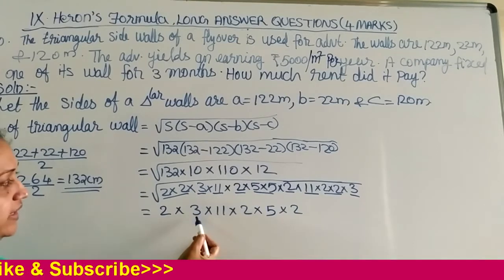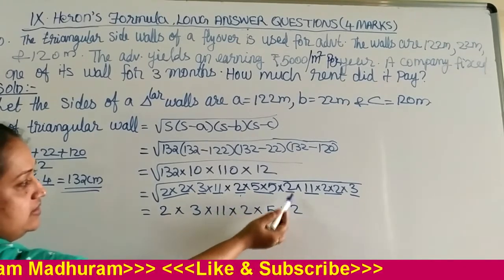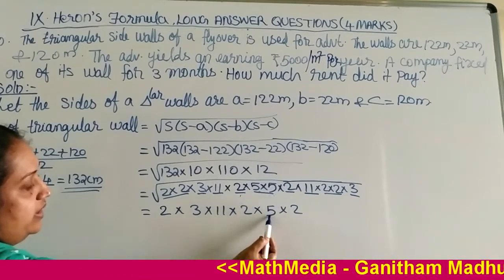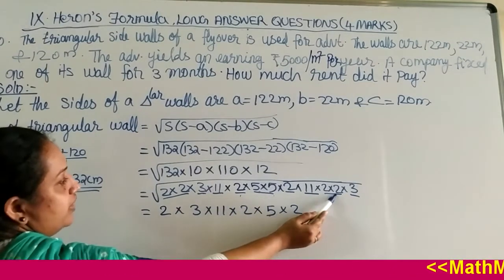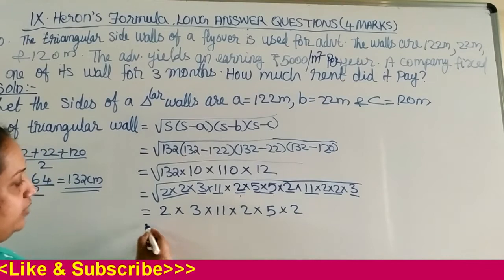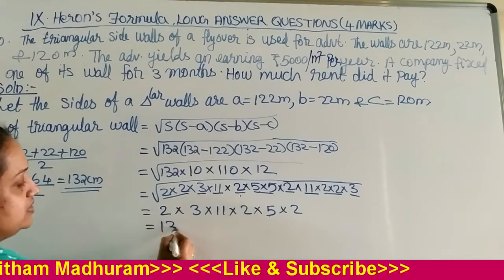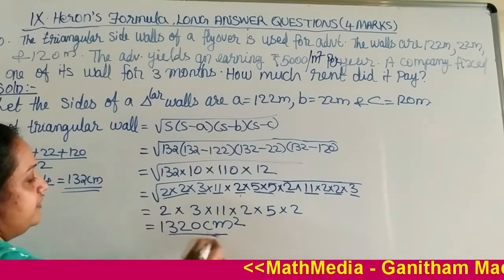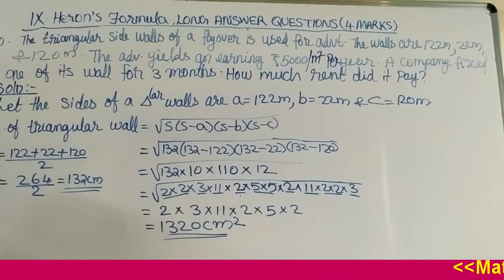Outside, 1 three, outside, 11. These are two 2s, one 2 I have taken outside. From 5 I have taken one 2. From here one more 2. While multiplying this we get 1320 meter square, which is the area of the triangle.